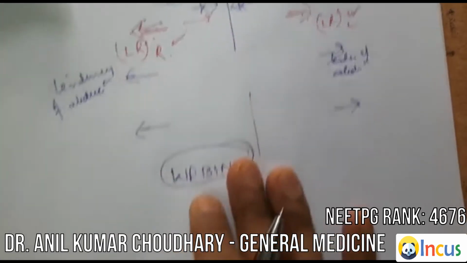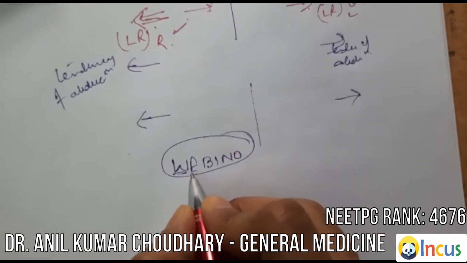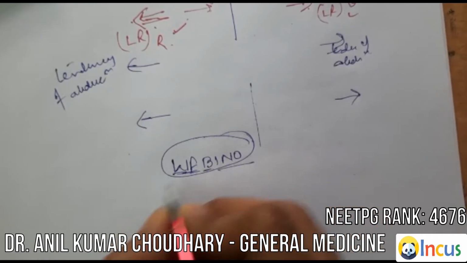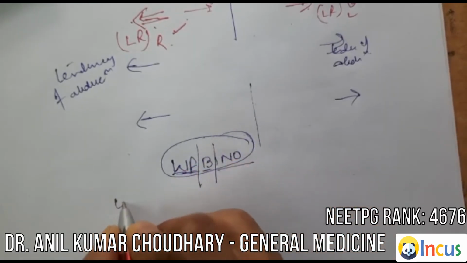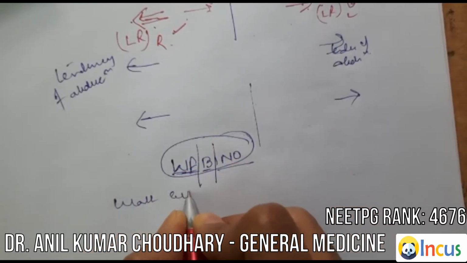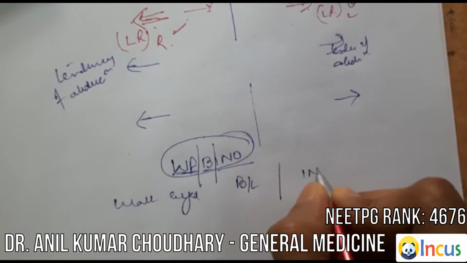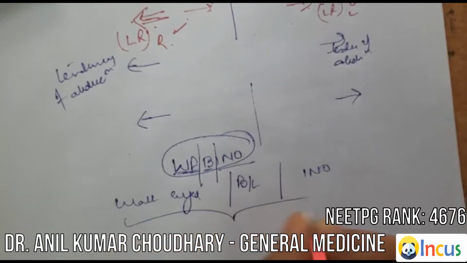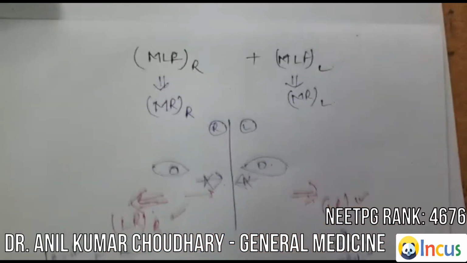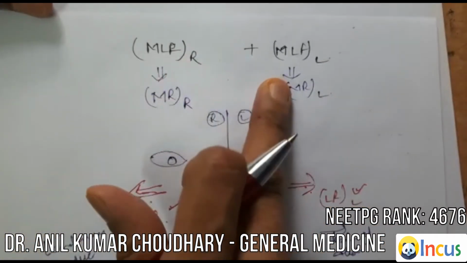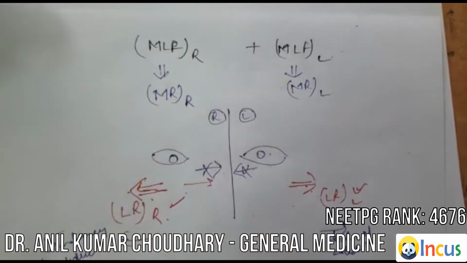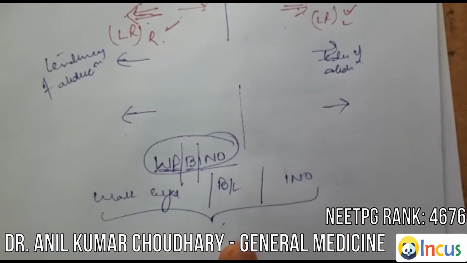What is WEBINO? We can break it as wall-eyed, B is bilateral, INO is internuclear ophthalmoplegia. So this is WEBINO. WEBINO is nothing but the medial longitudinal fasciculus of both the eyes being involved, and this is known as WEBINO. Clear?